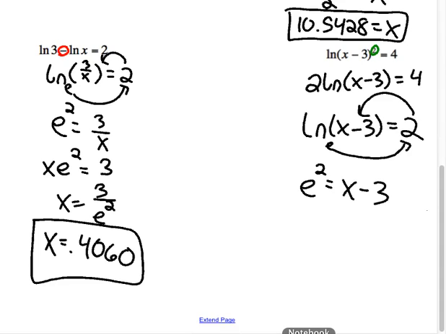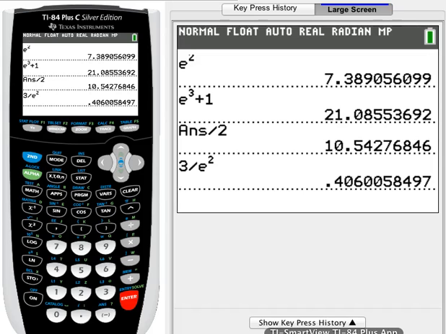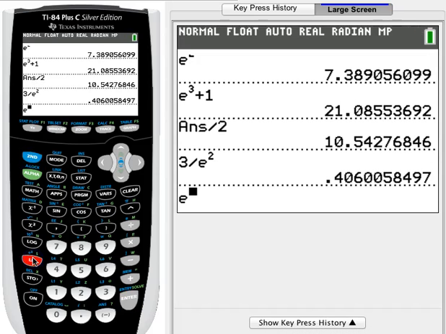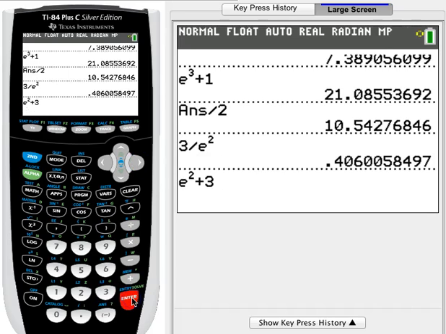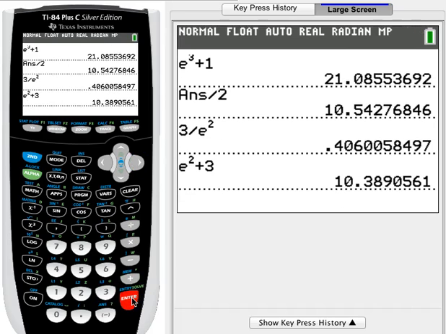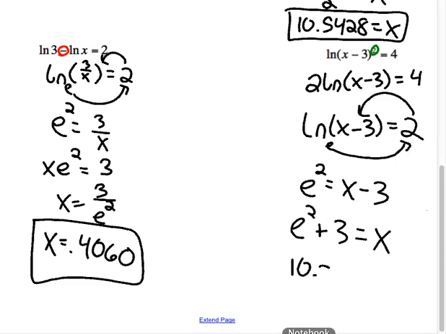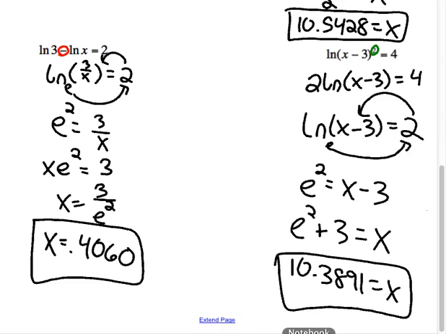So if I want x, I'm going to have to add 3. And of course, I'm going to want to type that into my calculator. So e squared plus 3 gives me 10.3891. And that is going to be my answer.